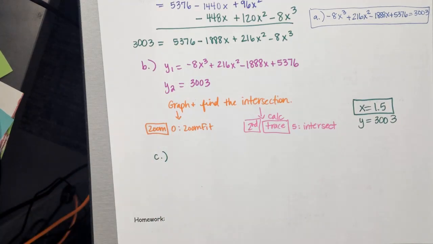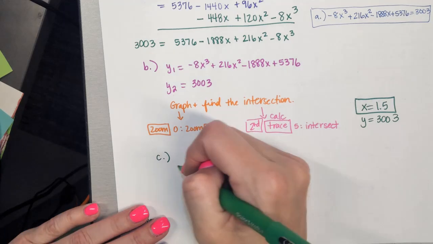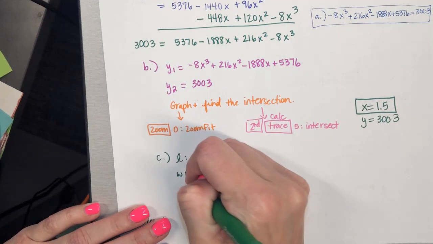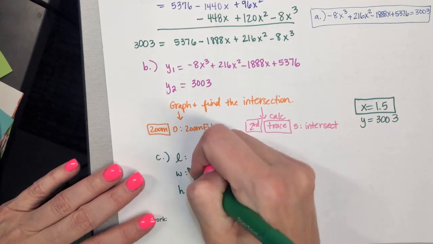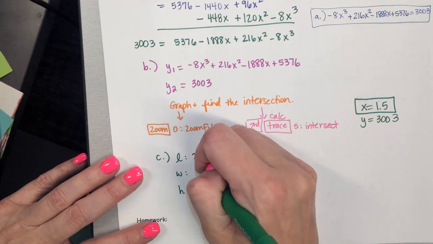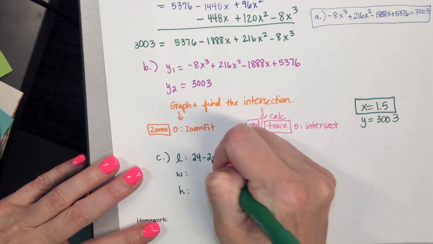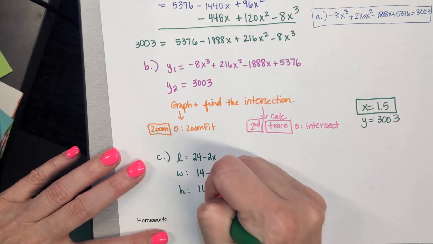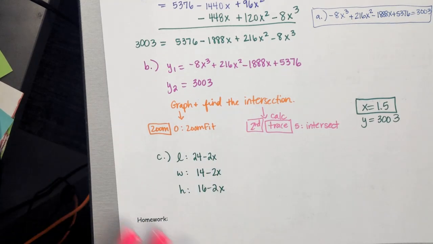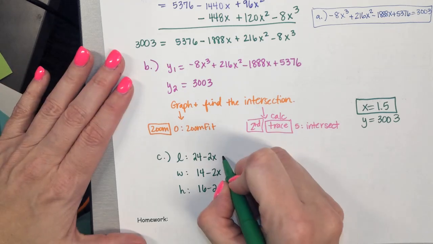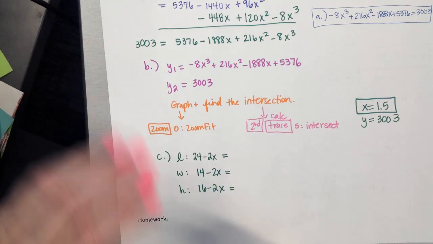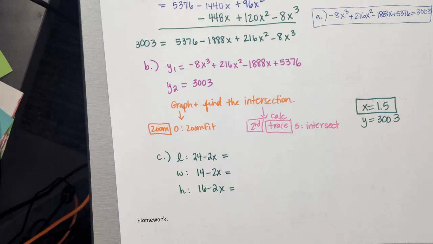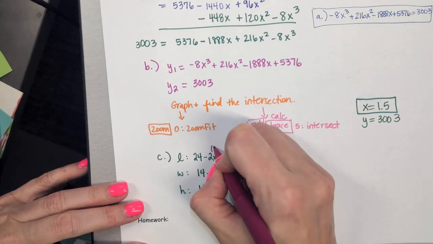Okay, and so when they want to know the dimensions inside the ice chest, remember that we said the length was 24 minus 2x, the width was 14 minus 2x, and the height was 16 minus 2x. Okay, if your x value is 1.5, you're just going to substitute that in.